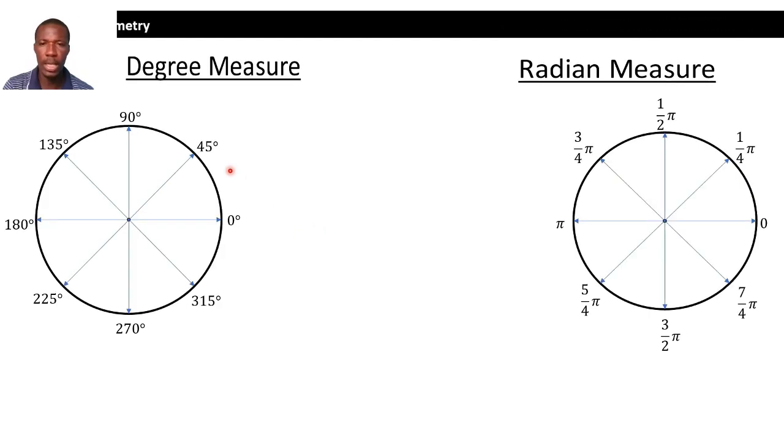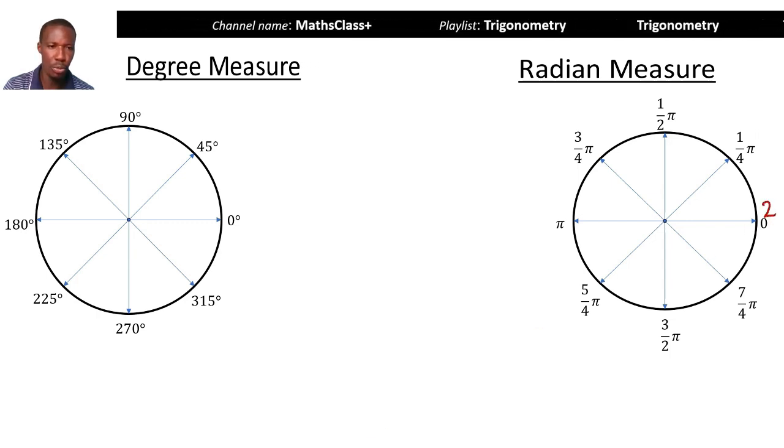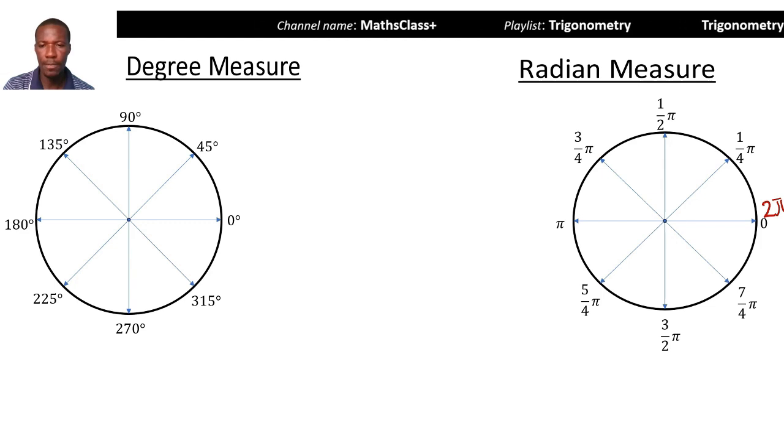We have seen angle measure in degrees, and we have also seen angle measure in radian. Now, for a complete revolution, we start from 0, which is on the positive x-axis. Then we go round and come back to 0. Once we go round and come back, we have made a complete revolution, which should be 2 pi. Then for the degree measure, we start from 0, go round and come back.